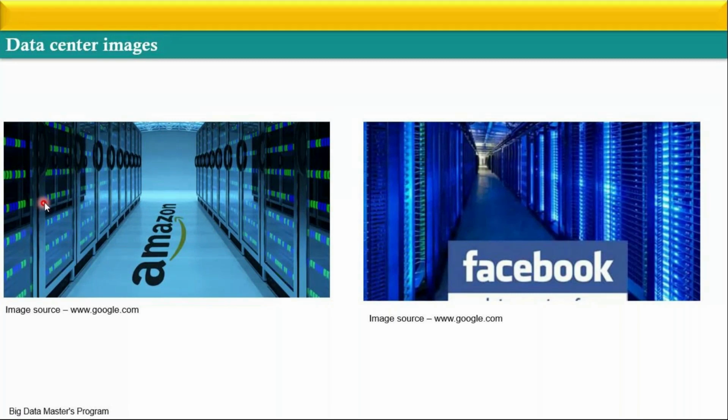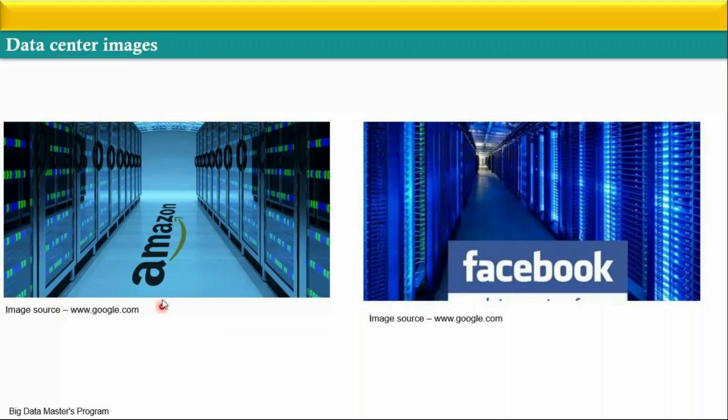These data centers or racks serve to store a huge amount of data, or to process a huge amount of data. This is the data center from the Amazon side. Same way, we can see the data center of Facebook, and I have downloaded these images from Google itself.